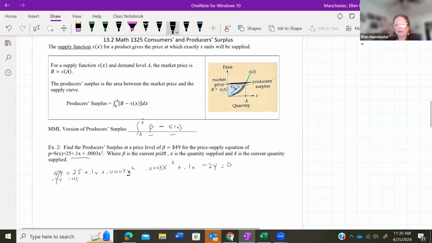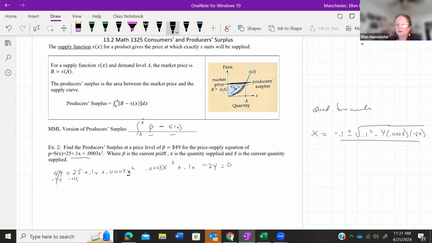I'm going to do this over here. So I'm looking for x, and that's what the quadratic formula finds. It allows me to find the x value. So negative 0.1 plus or minus the square root of 0.1 squared, and all of that over 2 times 0.0003.